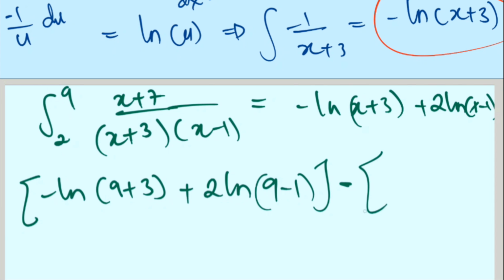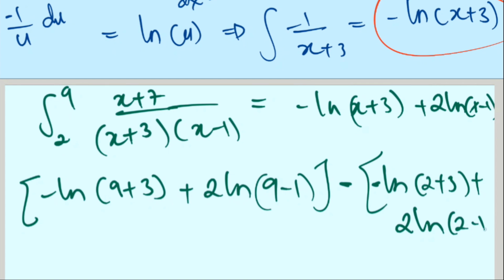minus, we replace the 2 now, so negative ln of 2 plus 3 plus 2 ln of 2 minus 1.